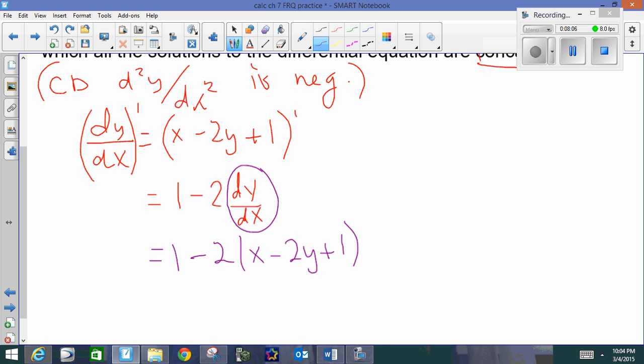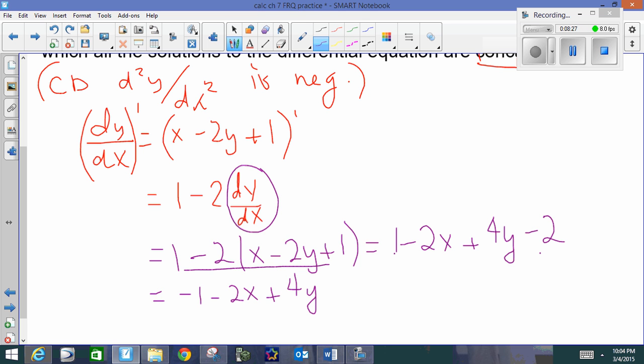So let's take care of this algebra. What is that? 1 minus 2x plus 4y minus 2. Let's put those together: the second derivative is negative 1 minus 2x plus 4y. That's my second derivative. I'm not going to rewrite that.